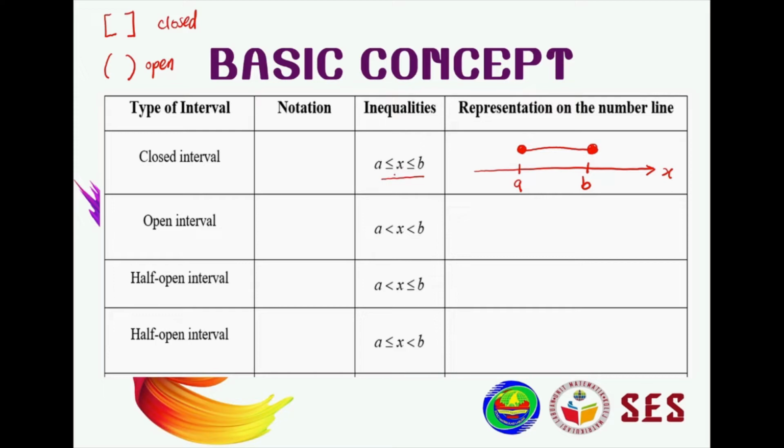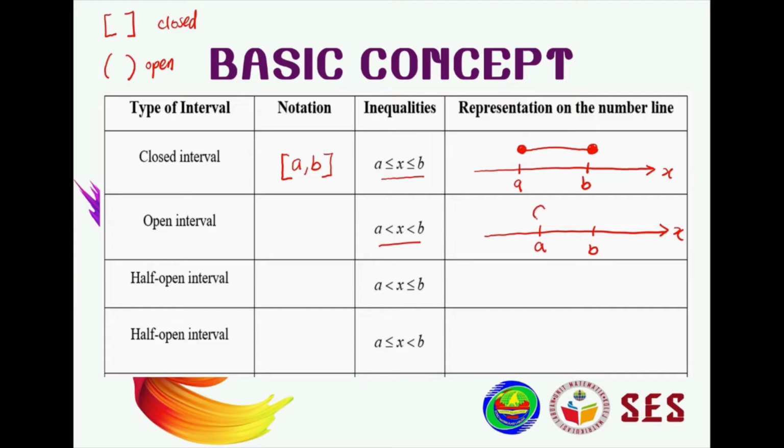Same reason, because we have an equal sign here and a black circle here, the notation is a closed bracket for A. For B, because we have an equal sign and a black circle, it is a closed bracket for B as well. So I'm sure you can figure out what's next. Number line first. X is greater than A, X is less than B. In this inequality, we don't want A at all.